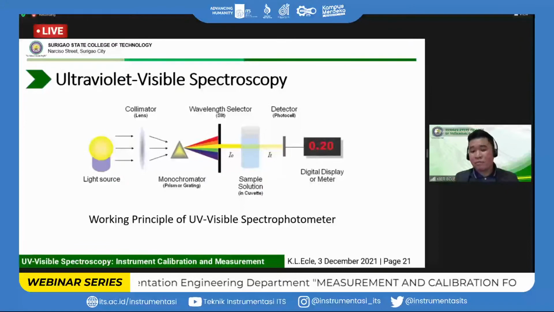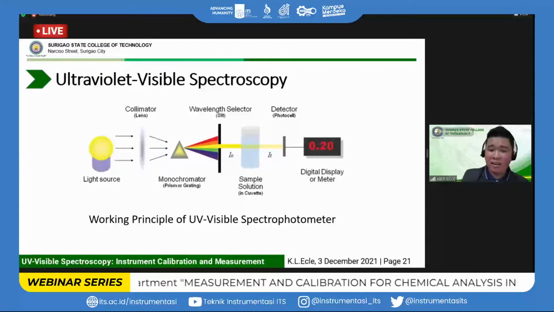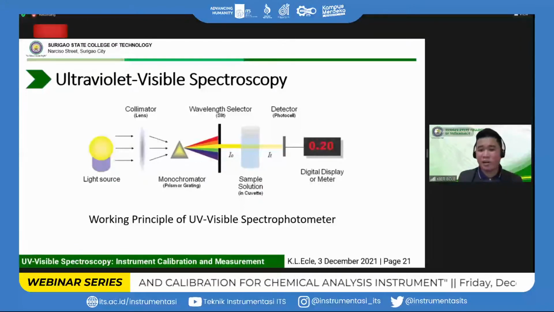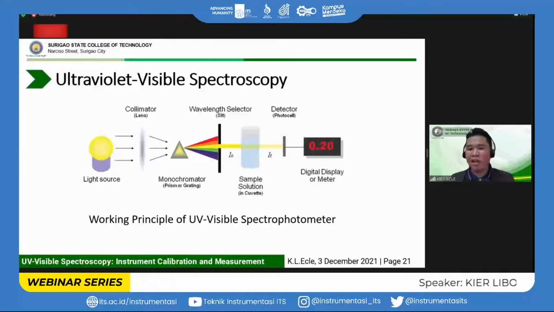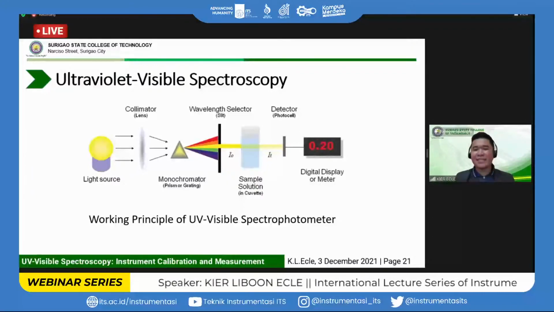Say, for example, if you have 100% as your incident radiant power, and only 75% of the light passes through the sample, you can expect that 25% of this light is absorbed in the sample.